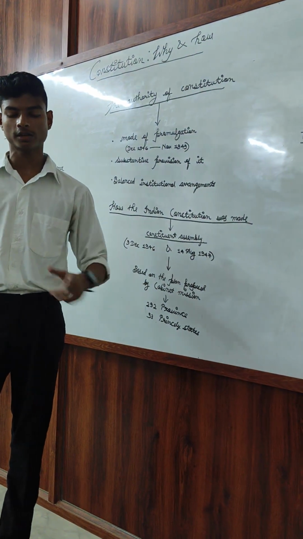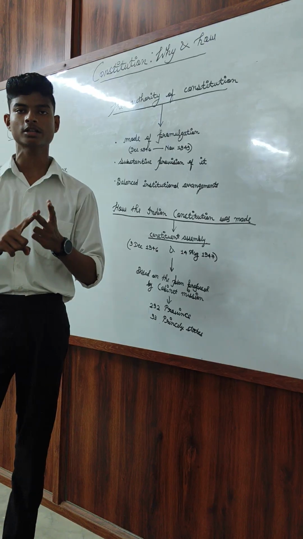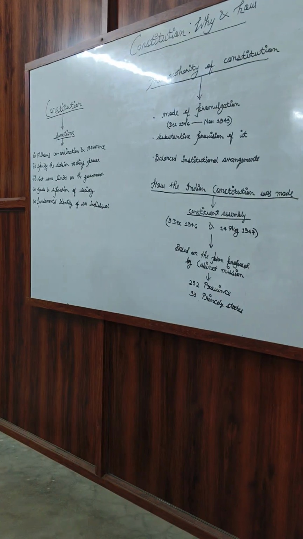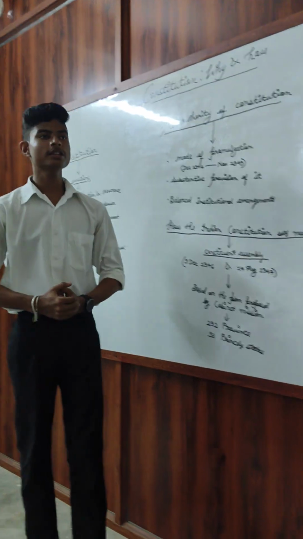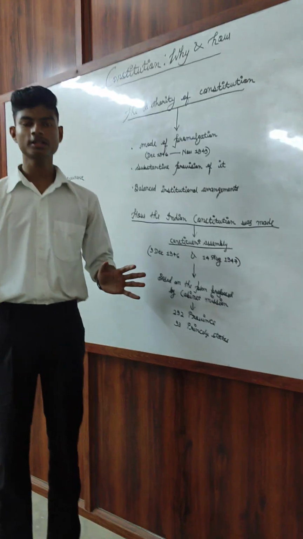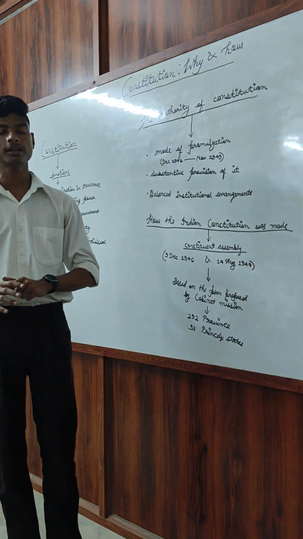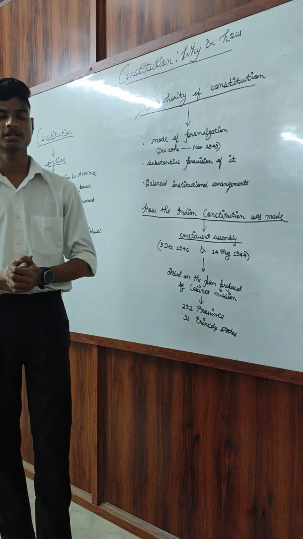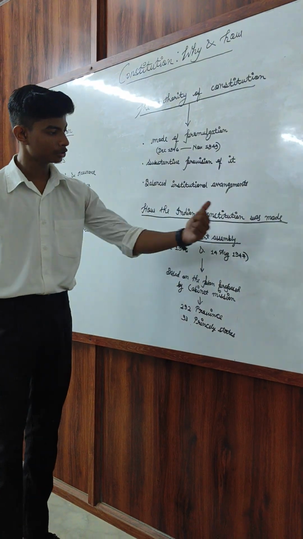All the institutions are equal, like the legislature, executive, and judiciary. No single institution can directly resolve any of the matters, and there are many independent and statutory commissions also, like the Election Commission.